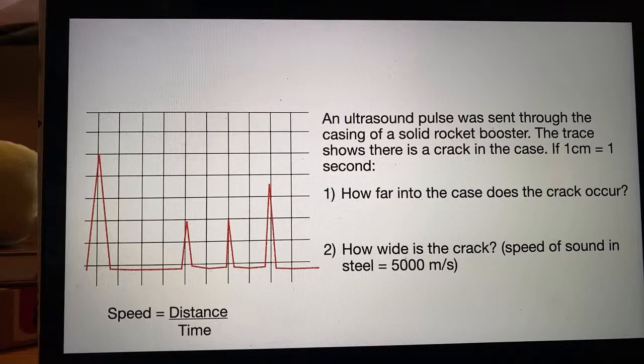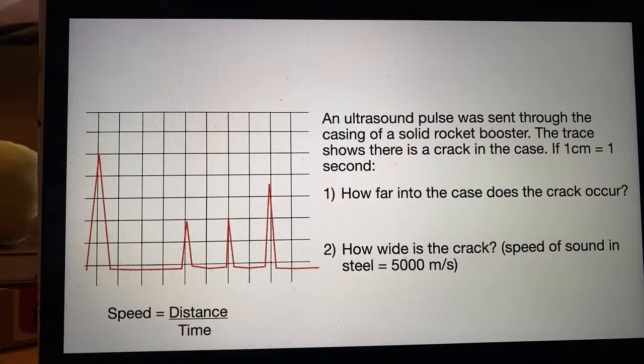Think it through and then I'll show you my thinking. Can I show you my thinking on it?